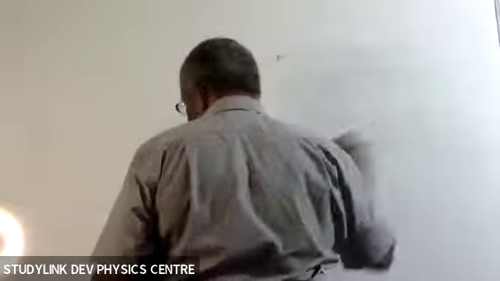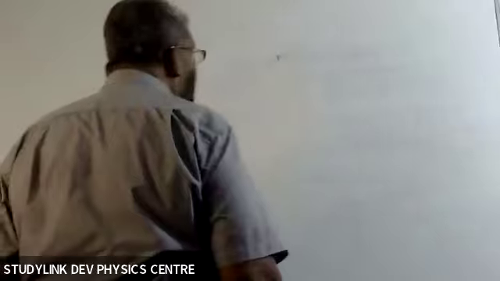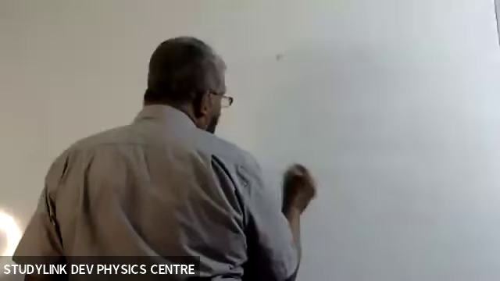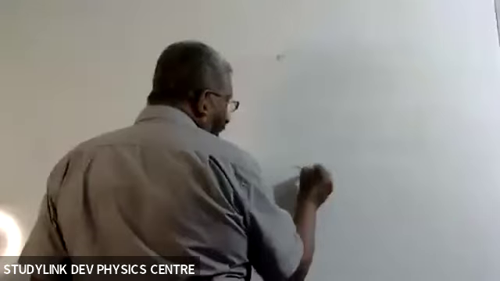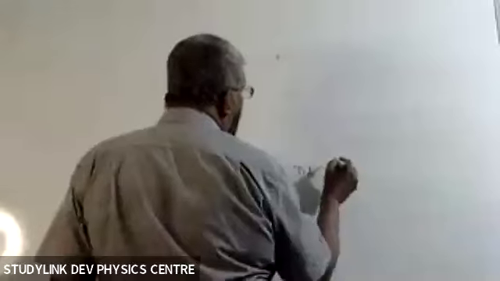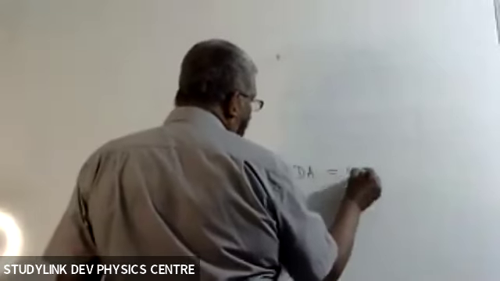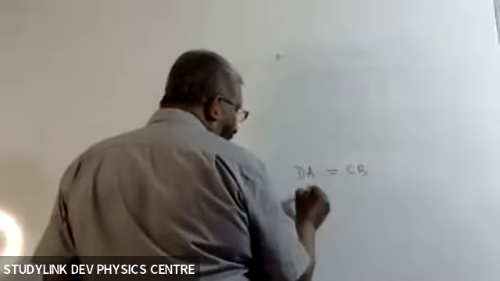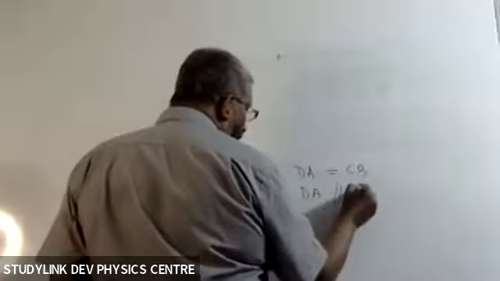The other one you can do. If you want, you can write like this. DA is equal to CB. DA is parallel to CB.